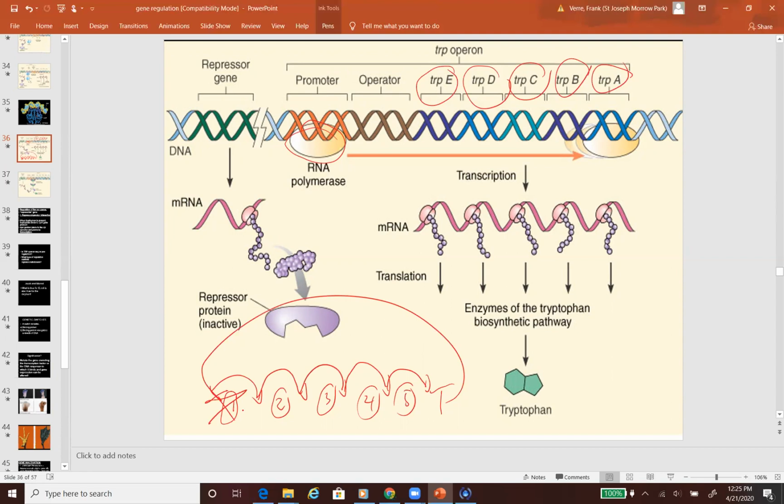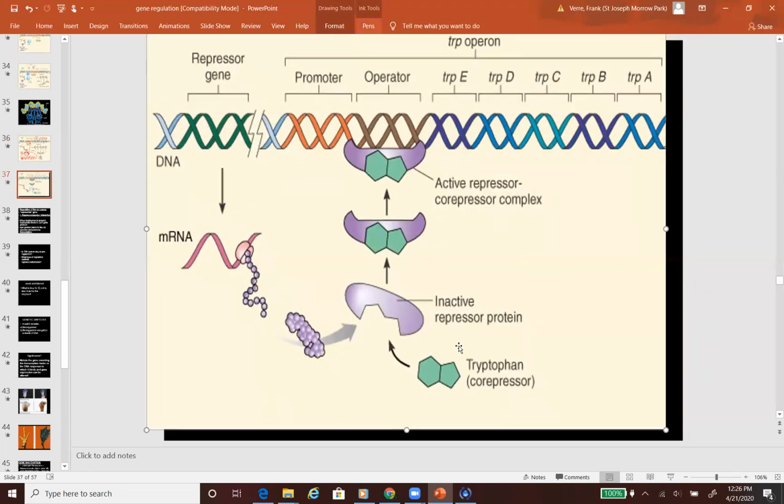So here's my repressor protein right over here. You'll notice that it's not attached to the DNA, right? Now you'll notice the way it's drawn, it has coincidentally the same shape as this tryptophan molecule. And the reason for that is because when you make enough tryptophan, you don't want to make any more. So what happens then is the tryptophan acts as the allosteric regulator, which means it will bind to the allosteric site.